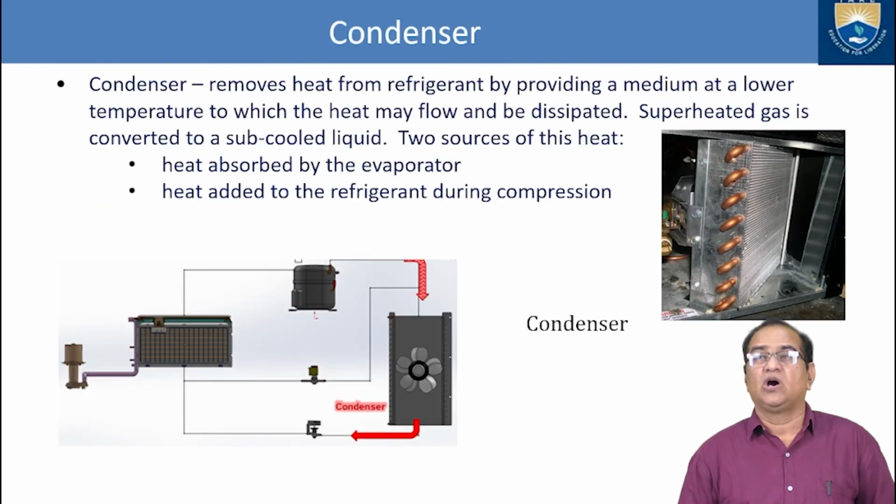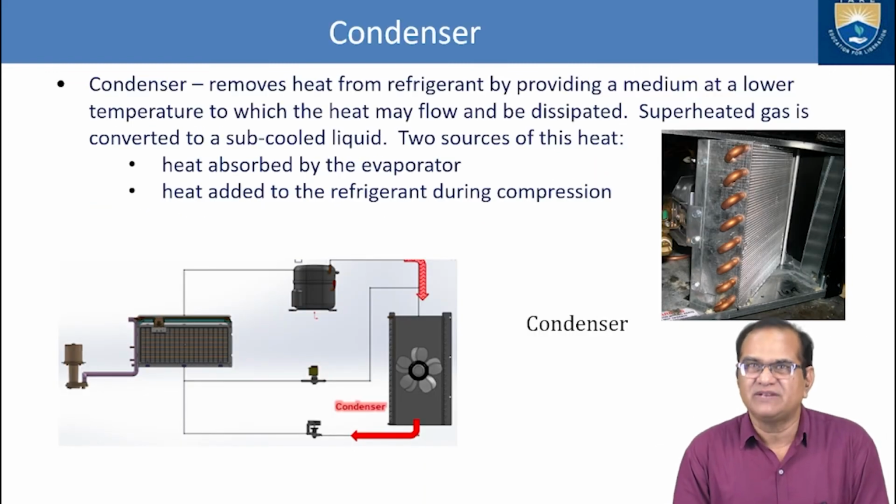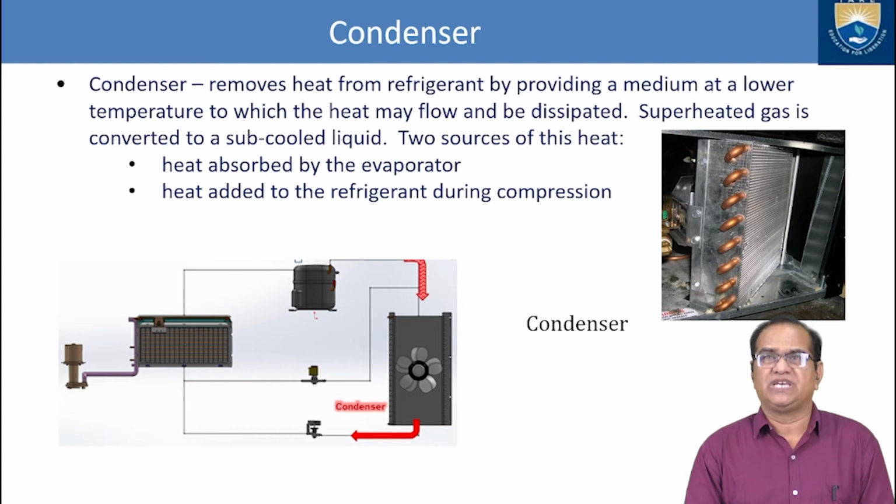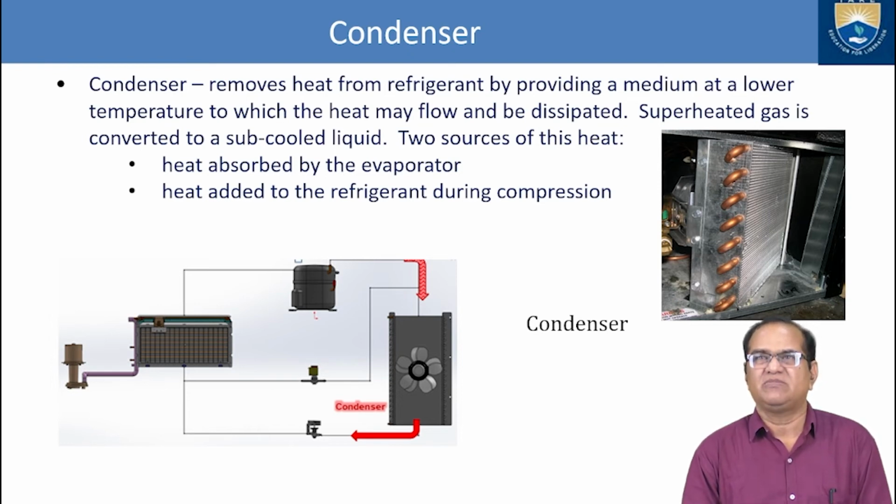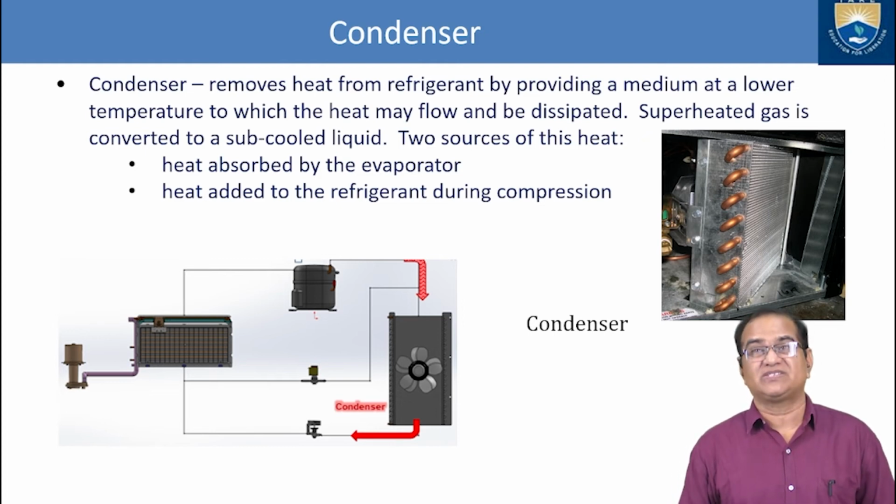So what is the purpose of this condenser? The condenser removes heat from the refrigerant by providing a medium at a lower temperature to which the heat may flow and be dissipated. So the main purpose of the condenser is to remove heat from the refrigerant, because the refrigerant is absorbing some heat.